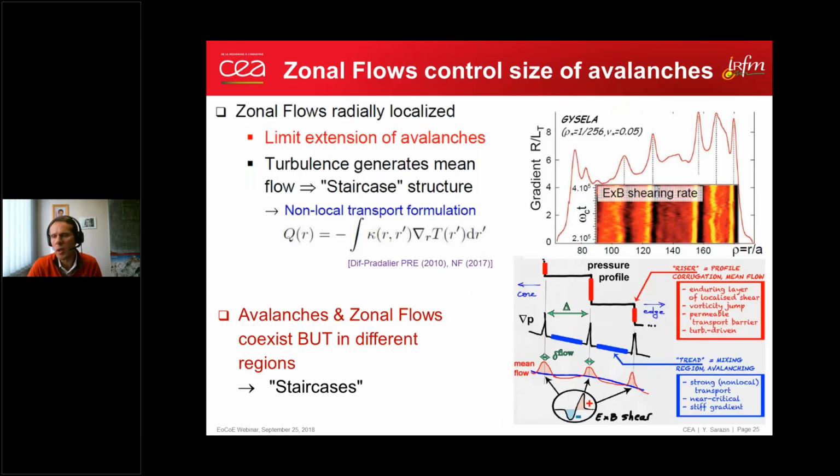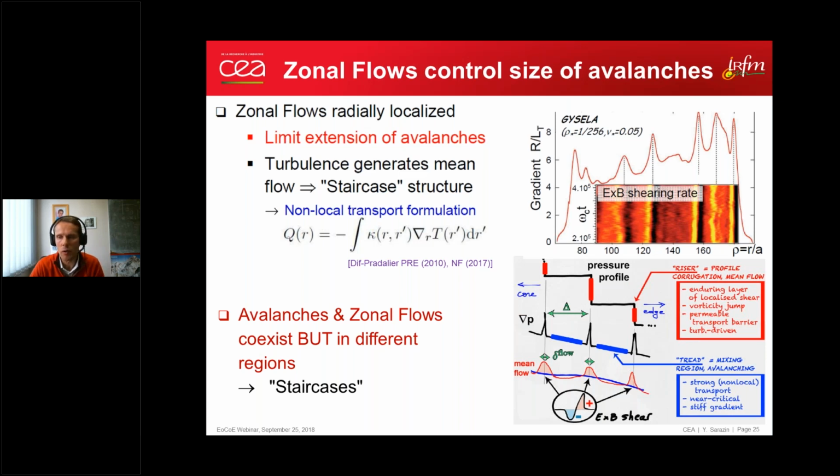The other point that we managed to show regarding those zonal flows, and this comes from recent modeling, is that avalanches and zonal flows actually coexist. They are two different features. Avalanches are large-scale transport along the radial direction, while zonal flows are shear flows at given locations.